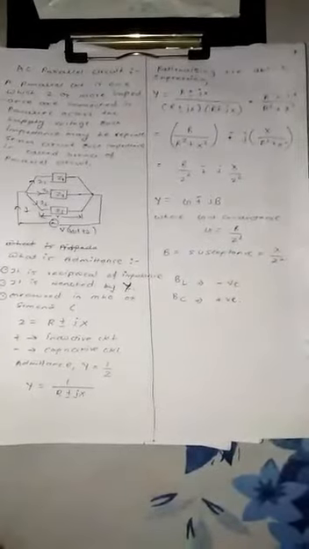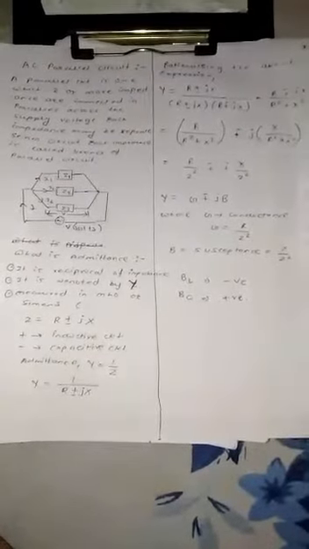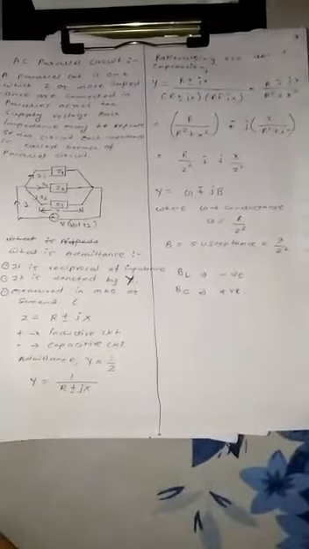This is the overall concept of the AC parallel circuit. The basic concepts are what the admittance is, what its unit is, and what its two components are: first the conductance, and second the susceptance.